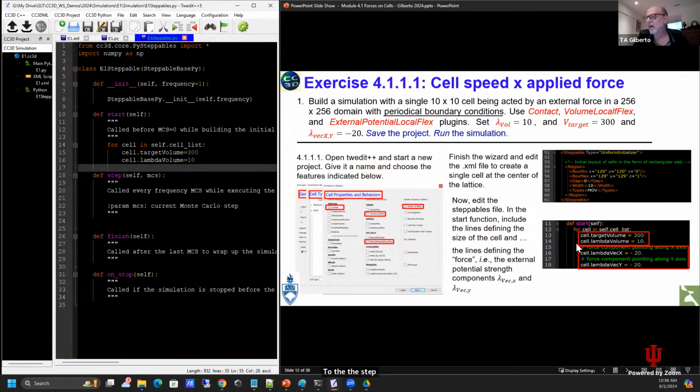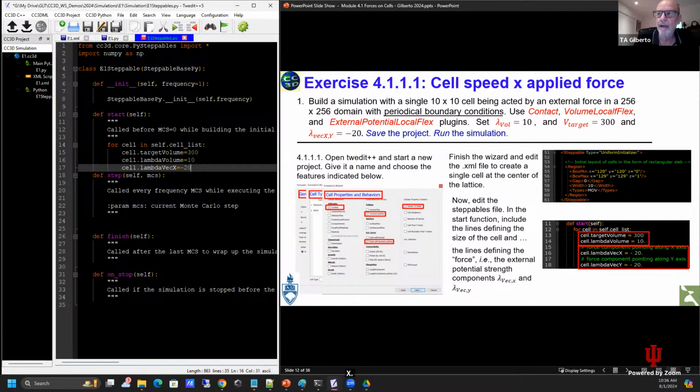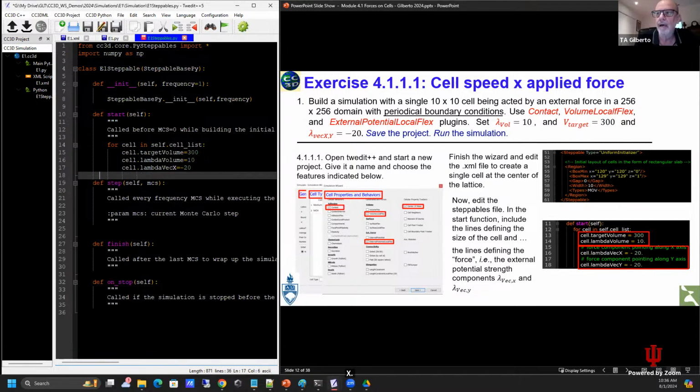So the lines are, I'm saying that the cell lambda vec x equals to minus 20, and the same cell dot lambda vec y equals to minus 20.